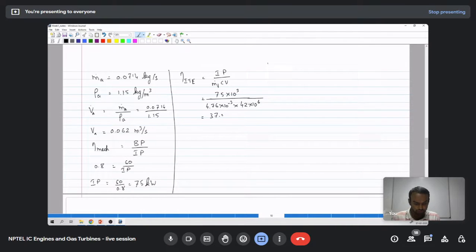That gives 37.5%. So we have calculated the indicated thermal efficiency.